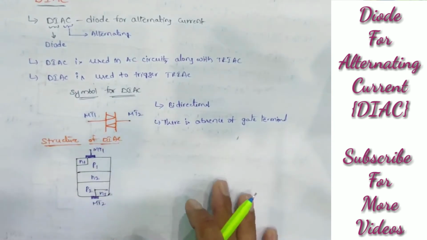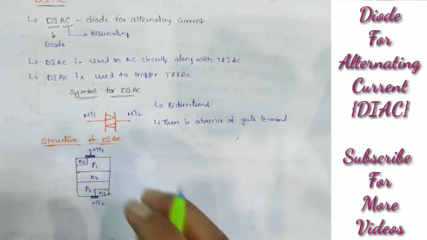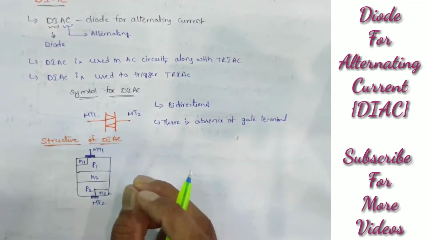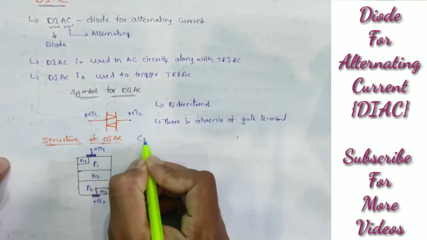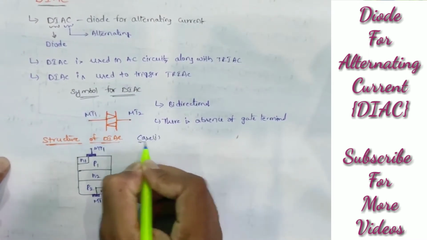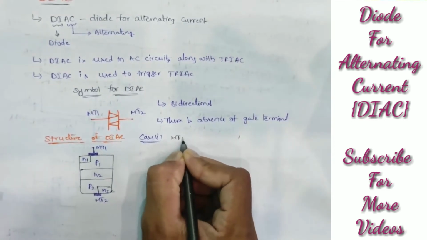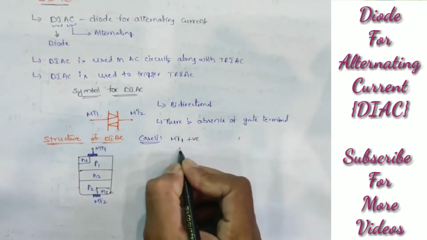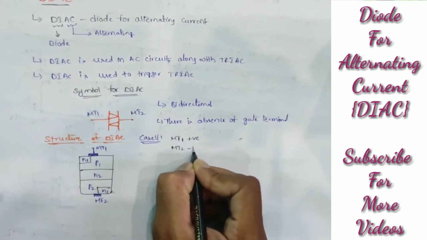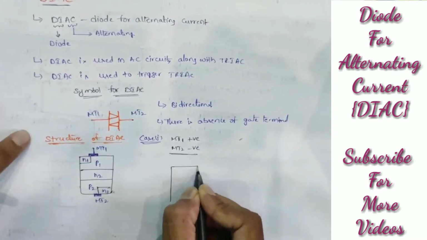Let us see the two cases first. To understand this diac, we have to observe the cases. At first, case 1: when MT1 is positive with respect to MT2, that is, MT2 is negative. In this case, let us see the structure first.